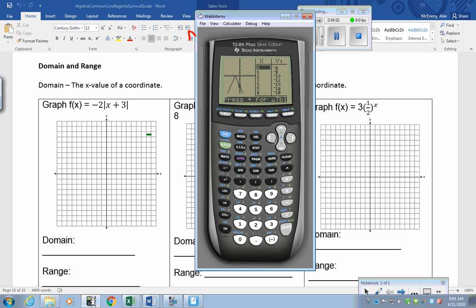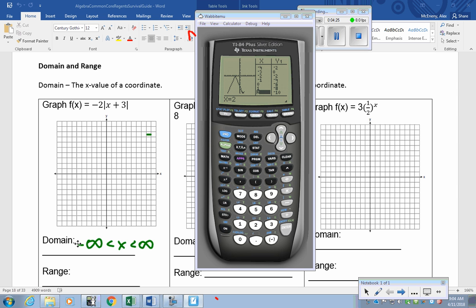So what you want to do is see, first off, for domain, it's the x values. So as I'm looking around, it looks like the graph keeps extending. So if you have a graph that keeps extending left and right, then when you write out the domain, the x values are going to be everything from -infinity to +infinity.